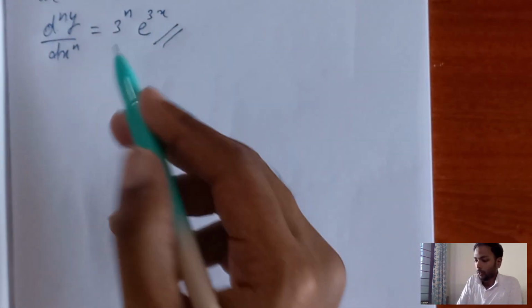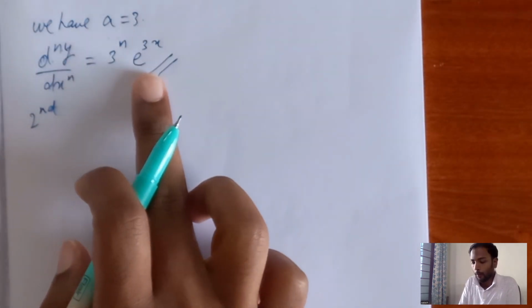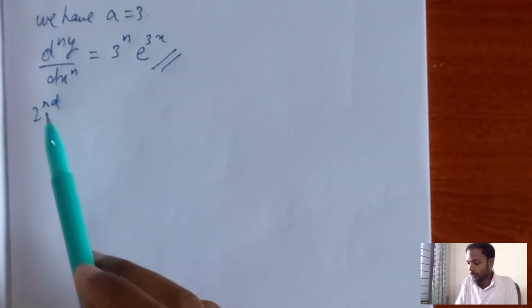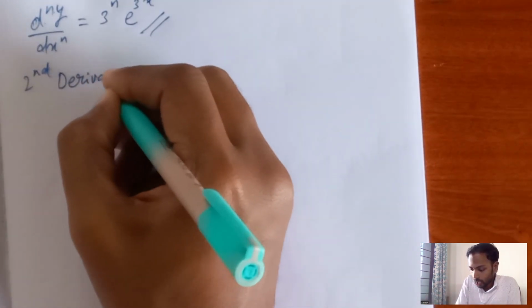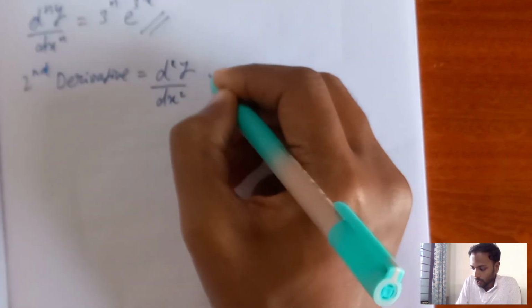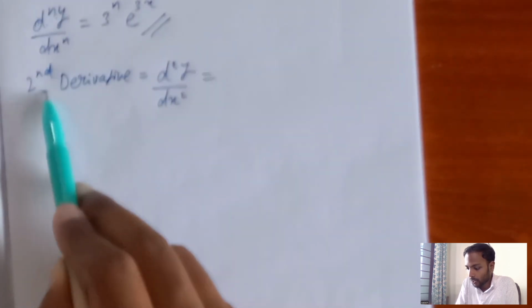Now let's find the second derivative using this nth derivative. Since I know the nth derivative, finding the second derivative, third derivative, fourth derivative, 100th derivative, 1000th derivative is not a big deal, because all you have to do is just put the n value as 2 and that's it. So the second derivative d square y by dx square is equal to, wherever there is n, I'm putting 2, because I'm finding the second derivative.